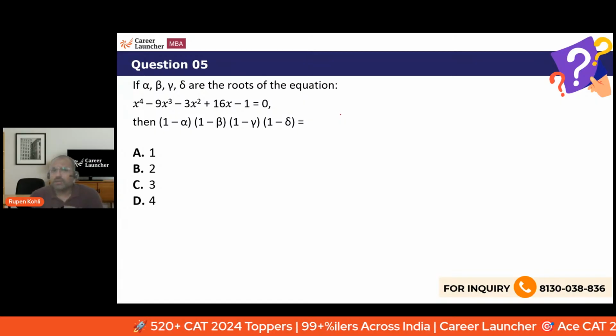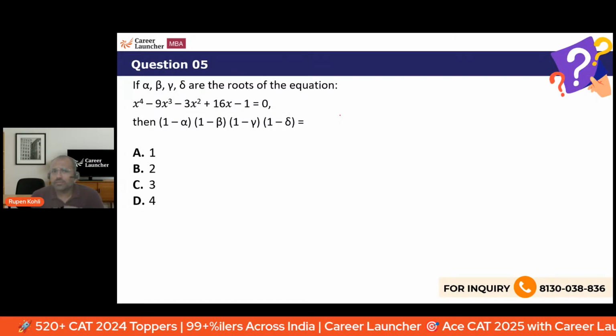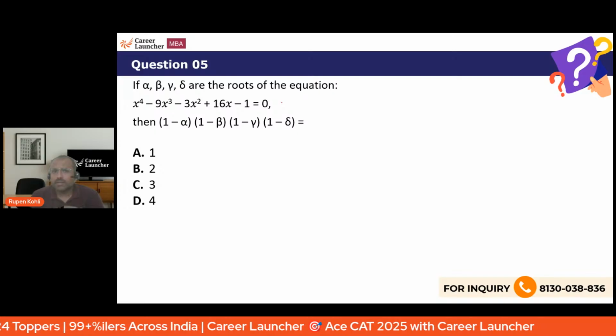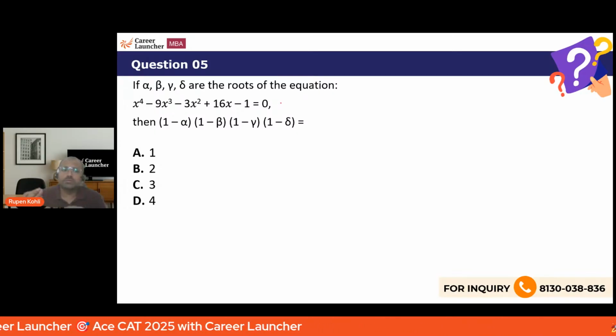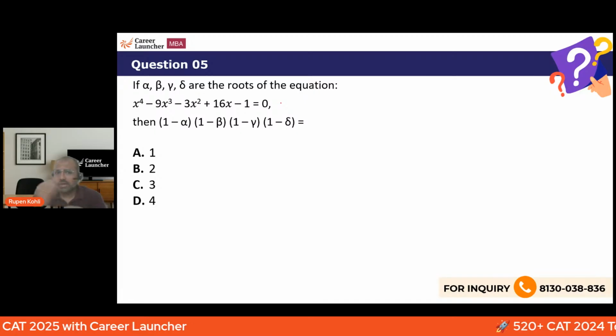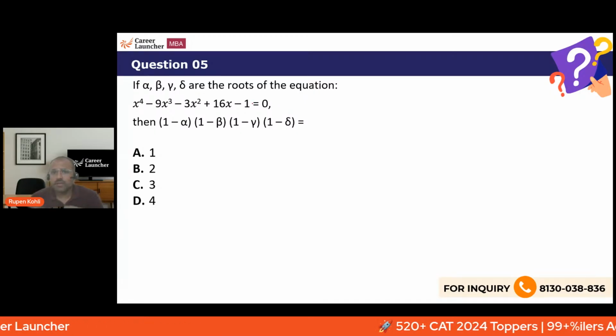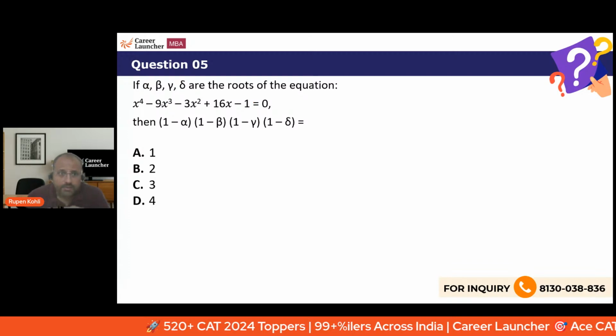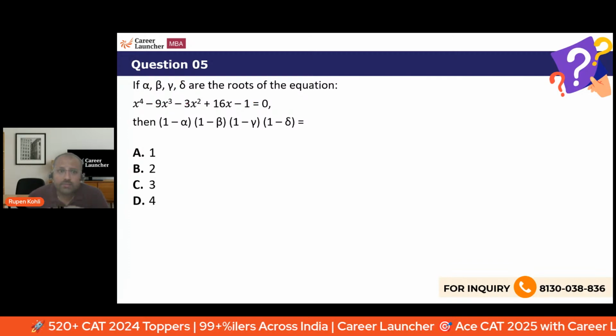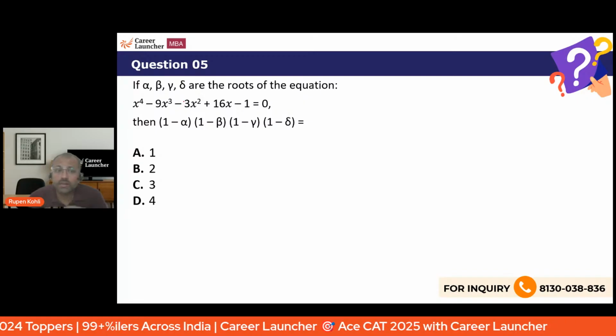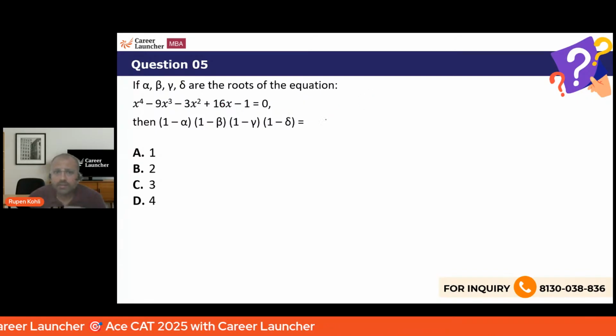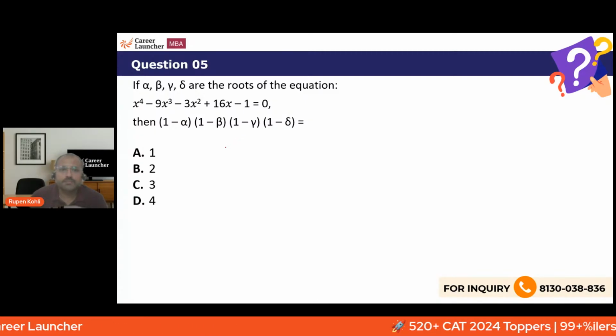Now we do know the sum of the roots, alpha plus beta plus gamma plus delta, and alpha into beta plus beta into gamma, all that we can find. Sum of the roots is 9, sum of the product of roots taken 2 at a time is minus 3. All that is there, but there is some other alternate approach required for this particular problem.